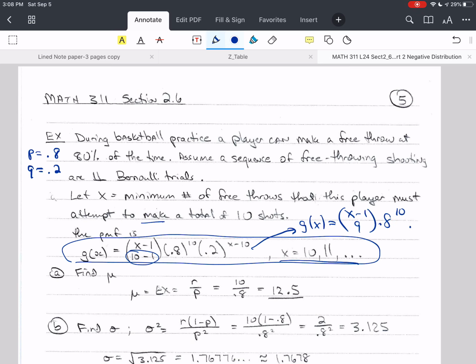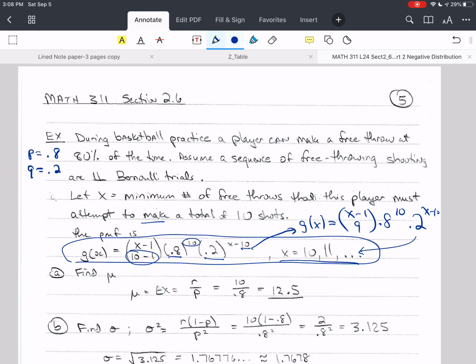To the 10, 0.2 to the X minus 10. And then we definitely need X. All right. So we plugged in for R as 10, minus 1 is 9. P is 0.8 raised to the R, 10. Q is 0.2 raised to the X minus R.